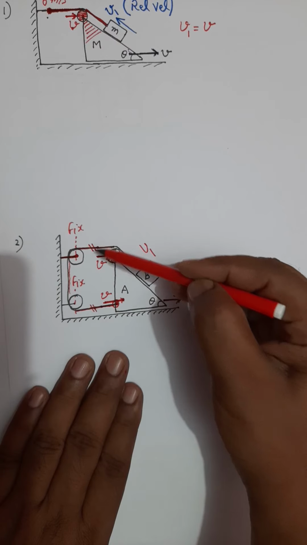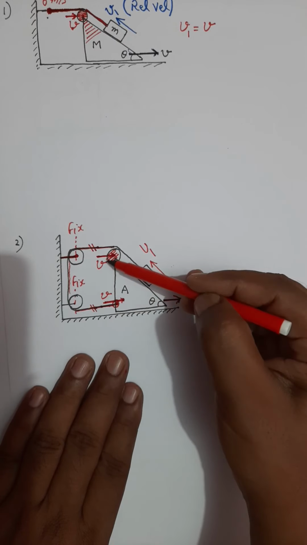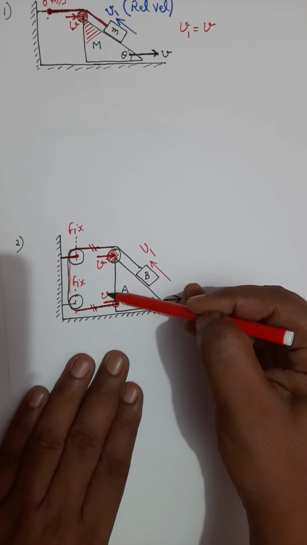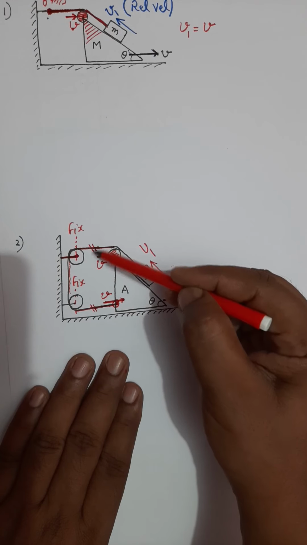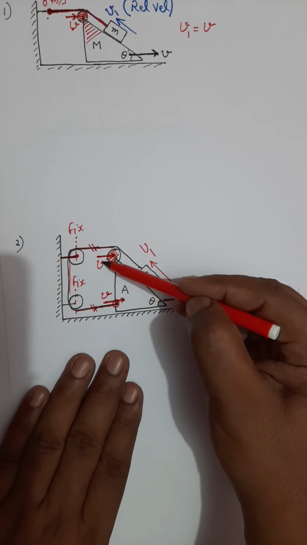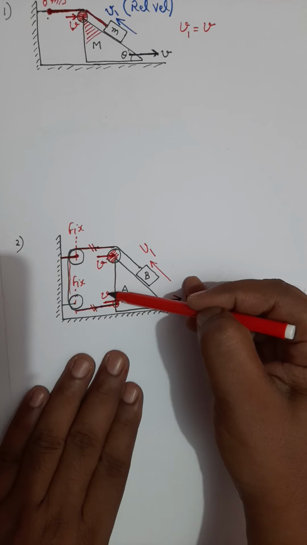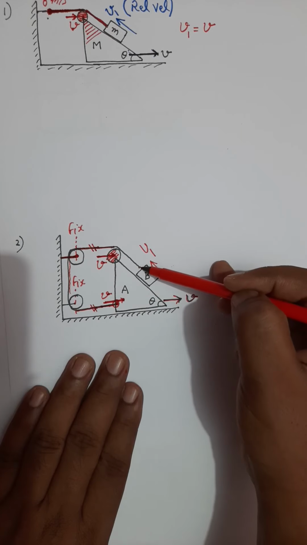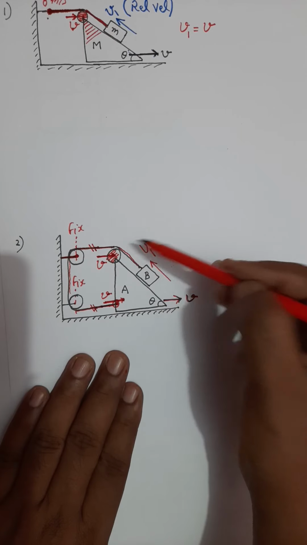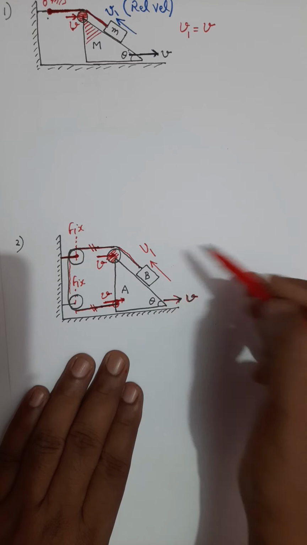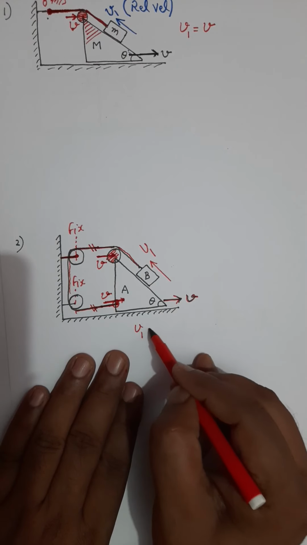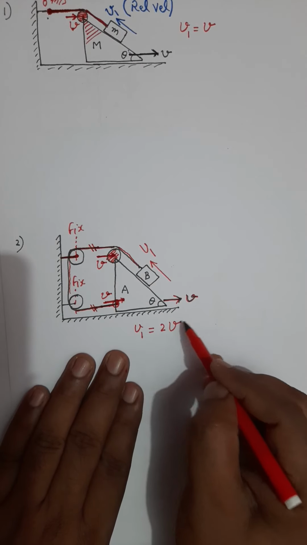This segment will increase, this segment will increase, and both are increasing with the same velocity V. So total increment is because of a velocity which is 2 times V. Therefore, the other length must decrease at the same rate, that is 2V. So you will write V1 is equal to twice of V.